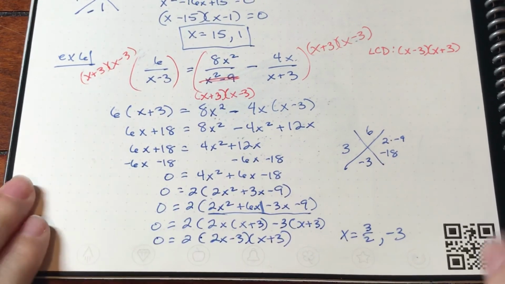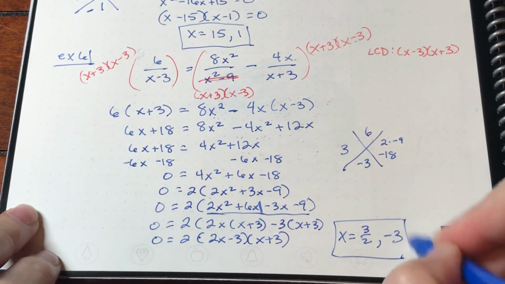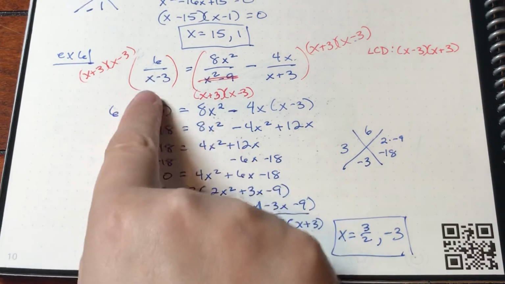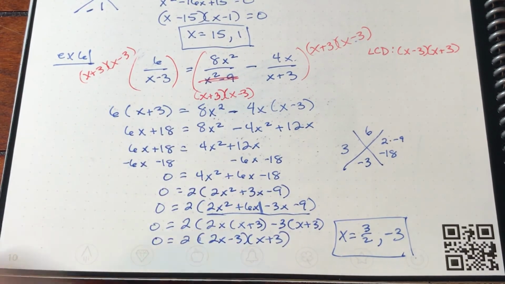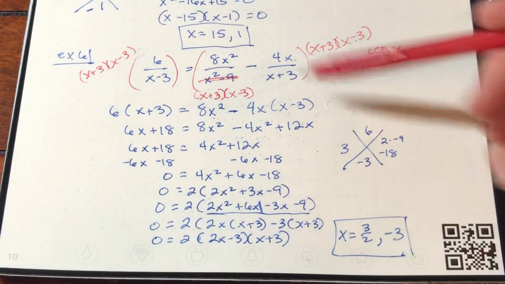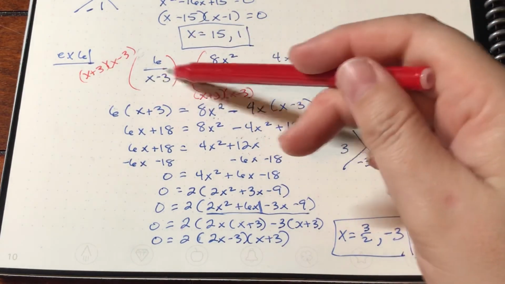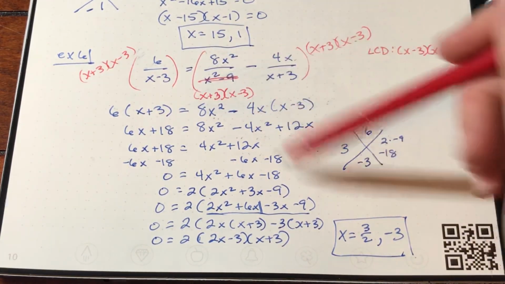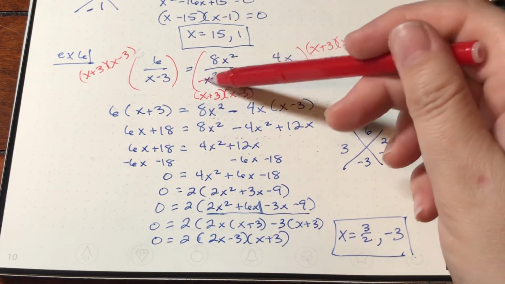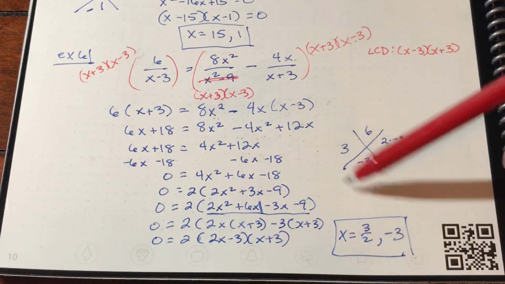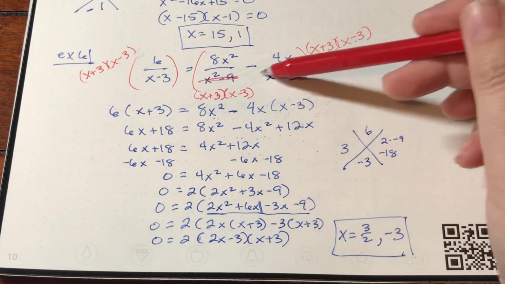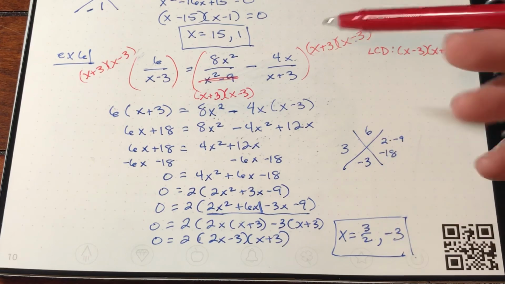And then again, I'm going to check both of these in my original equation to make sure they both work. So 3/2 minus 3 is not 0. 3/2 squared minus 9, not 0. 3/2 plus 3, not 0. So this one works.